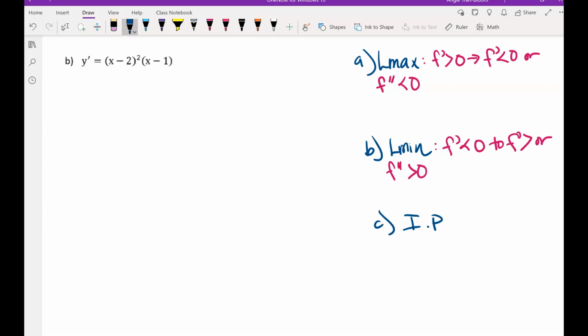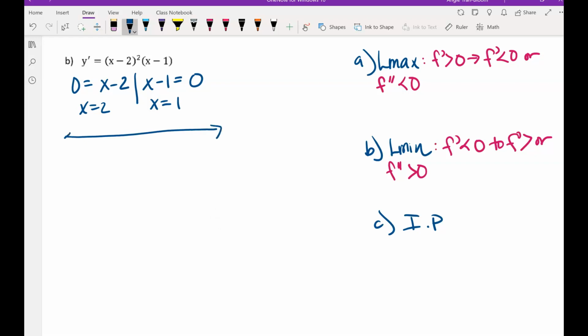So the first thing we want to do is set this equal to 0 to find the critical points. So we have 2 critical points here. Let's make your number line. You don't have to do the number line. I do number line for organization. We knew that 1 and 2 are when the first derivative equals 0.